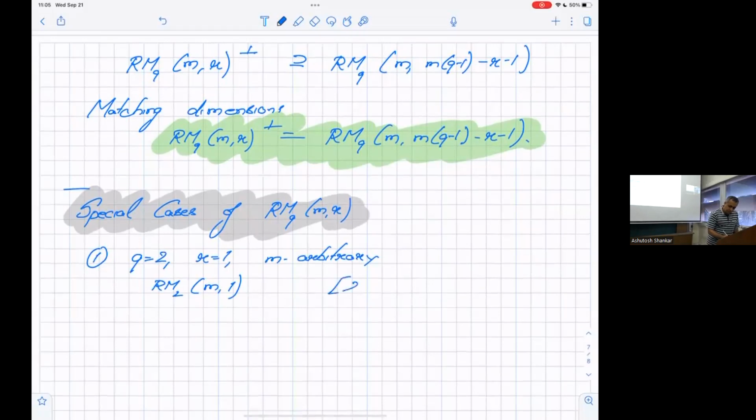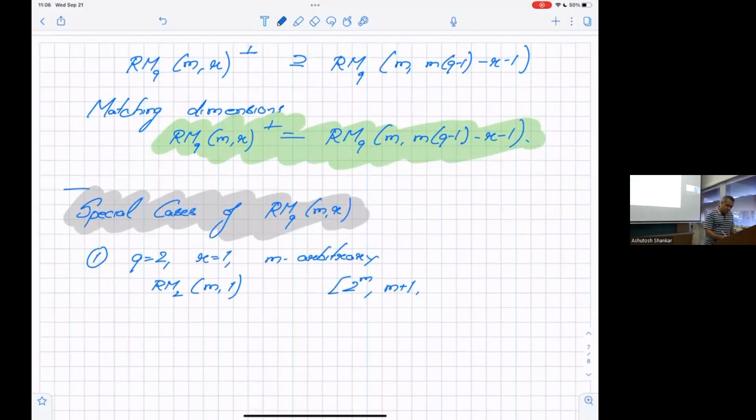The block length is 2 power m. What is the dimension? It's m plus 1. It's all linear, so m choose less than or equal to 1, that's m plus 1. And what's the distance of this code? Half, so it's 2 power m minus 1. That's a lower bound on the distance, but we actually showed that the distance is achieved.